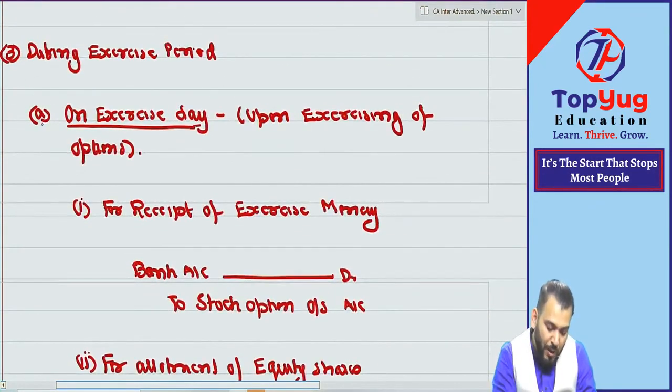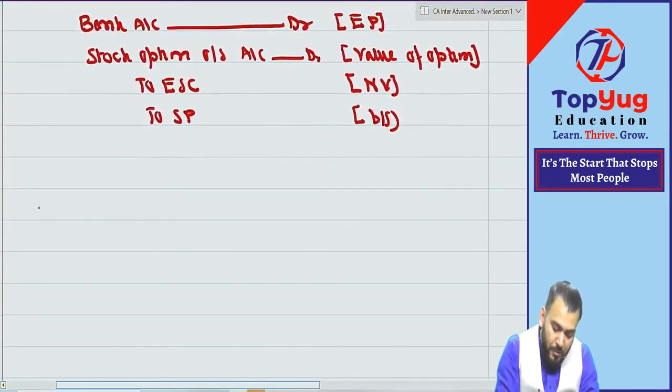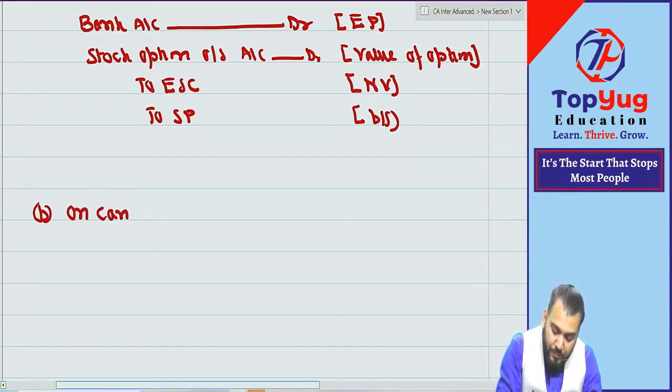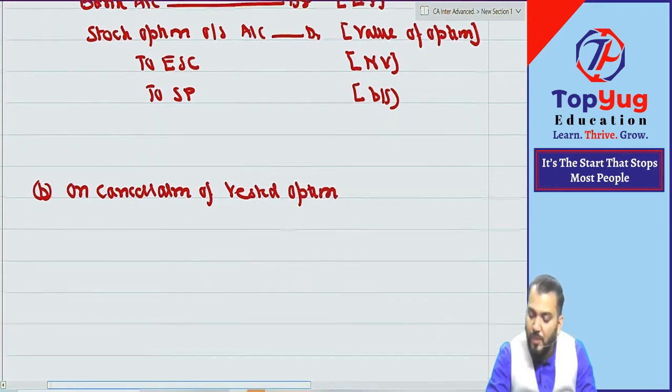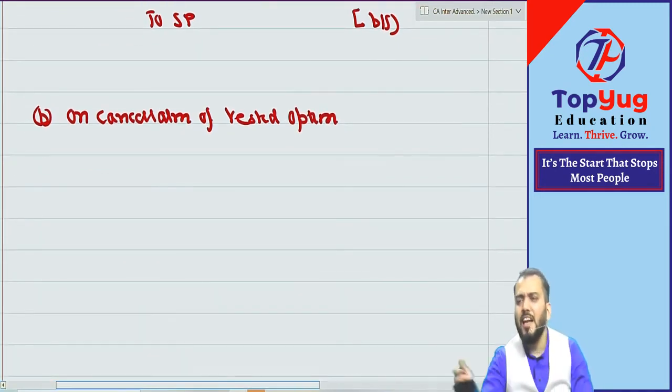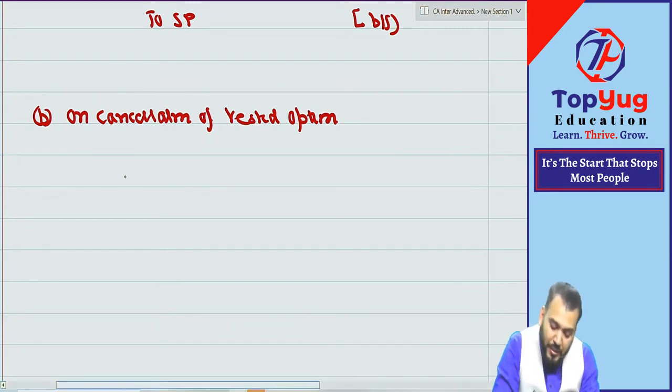Then add down what point I have given. This was point number 3, point A. Then add on point number B. On cancellation of what? Vested option. On cancellation of vested option at the end of exercise period, it will automatically be cancelled at the end of exercise period. What journal entry?